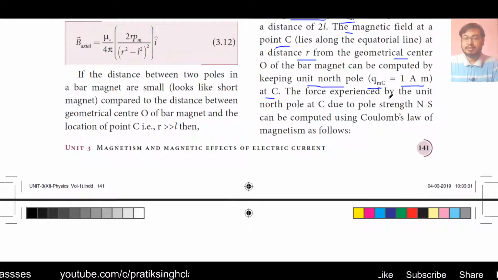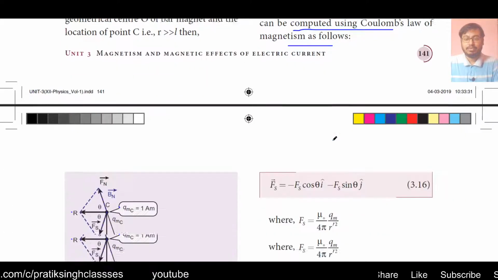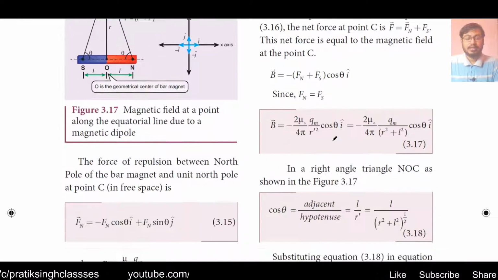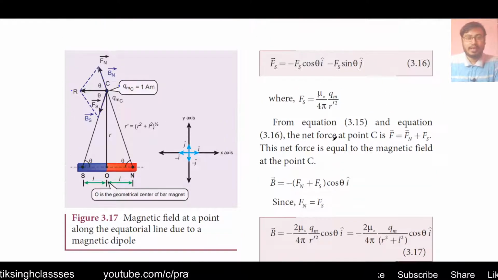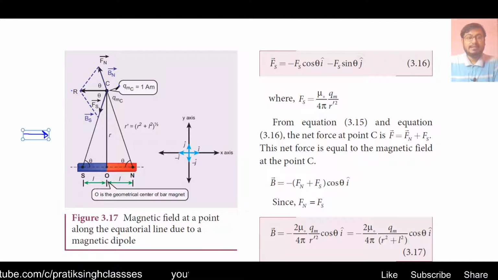The force experienced by the unit north pole at C due to the pole strengths of NS can be computed using Coulomb's law of magnetism as follows. Here we have to find the total resultant force at point C because of this bar magnet, and as you see in this diagram, C is lying perpendicular to NS.